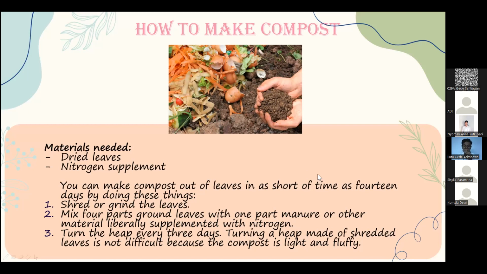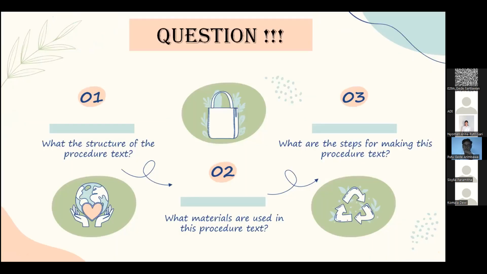Okay, time's up. So I have questions. Who wants to answer the first question? What is the structure of the procedure text? Me, sir. Okay, Janissa, go on. The structure of procedure text are goal, list of things, or materials and tools, and also steps.